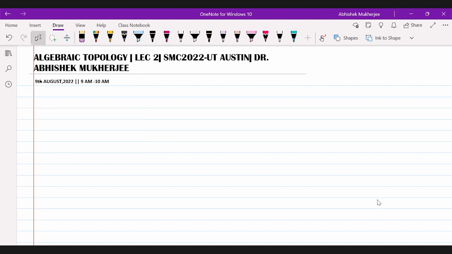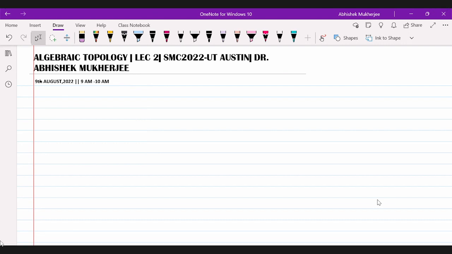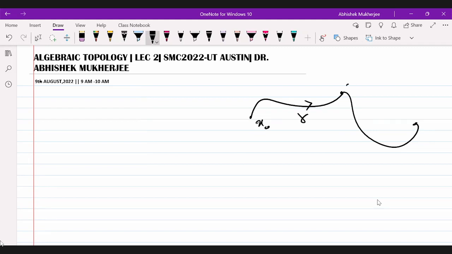So let us make a recap of the previous session, that what we have done before. If you consider two paths, that means gamma and sigma, then let us choose a path gamma from x0 to x1, and another one is sigma from x1 to x2.